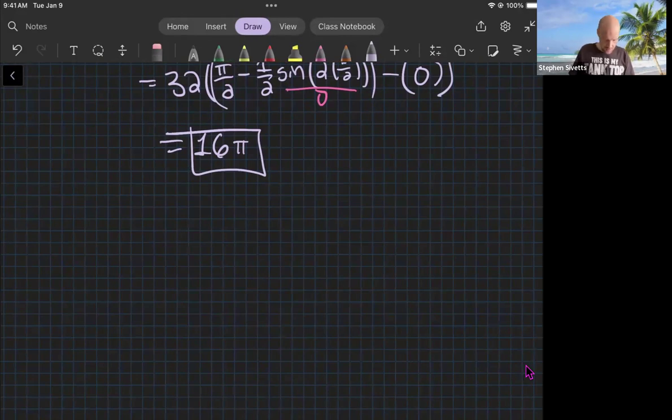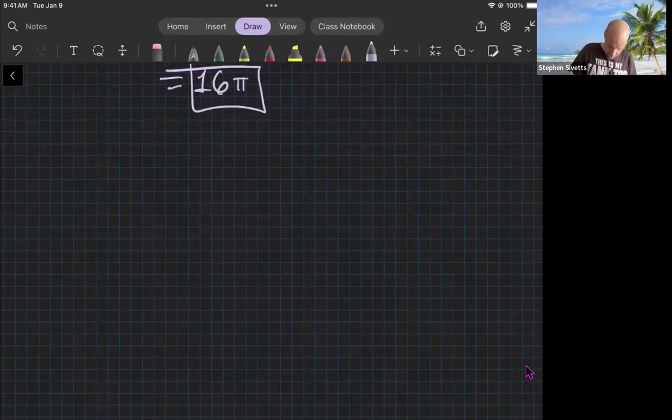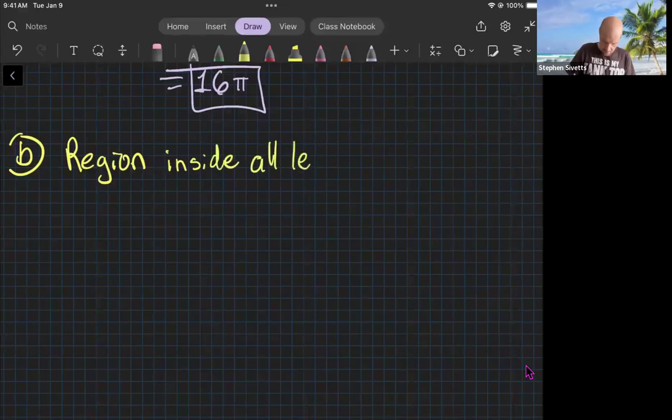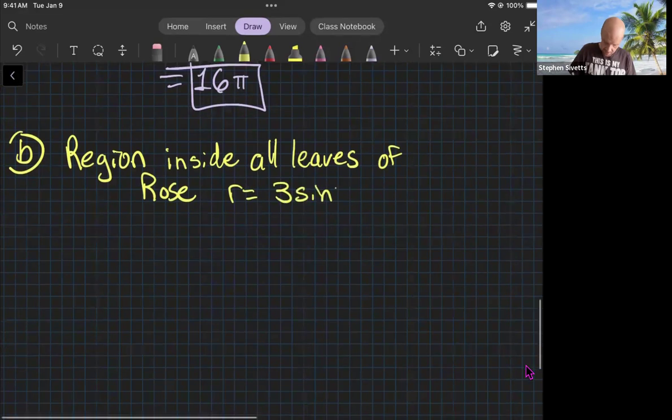Here's another one. So we want to figure out the area of the region inside all leaves of the rose r equals 3 times sine of 2 theta.